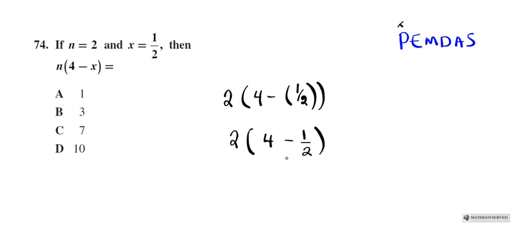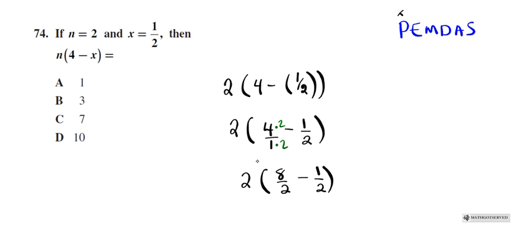So let's make this into a fraction, so I can make this 4 over 1, and we can find the LCD. So this is times 2 over 2 to make the denominators the same. So we'll have 2 times 8 over 2 minus 1 over 2. Okay? If the denominators are the same, you can just subtract the numerators.